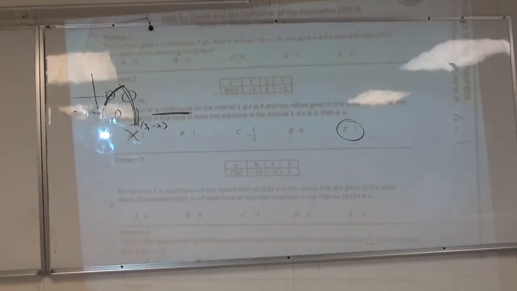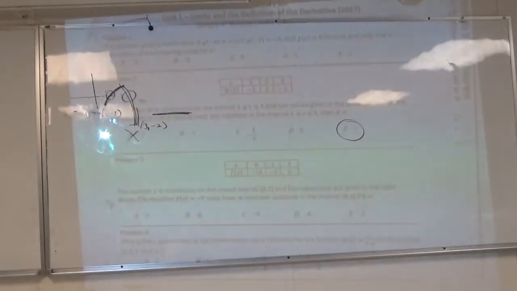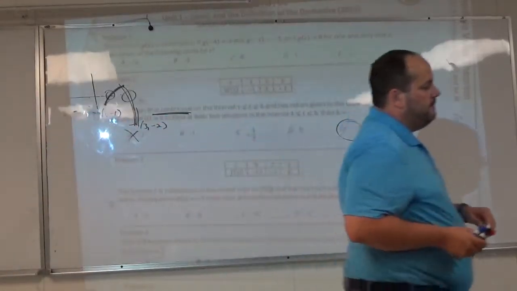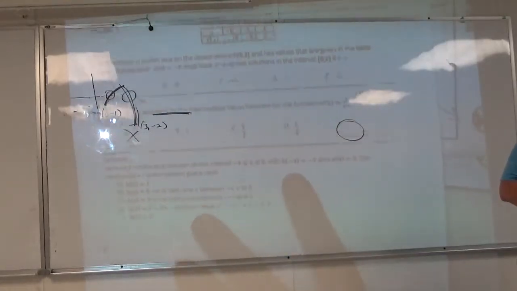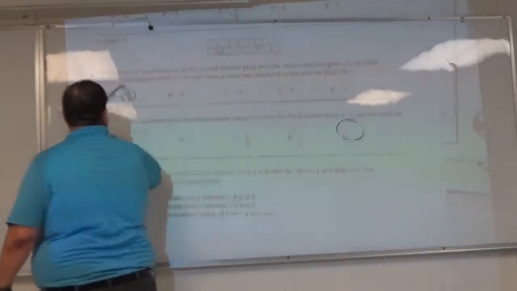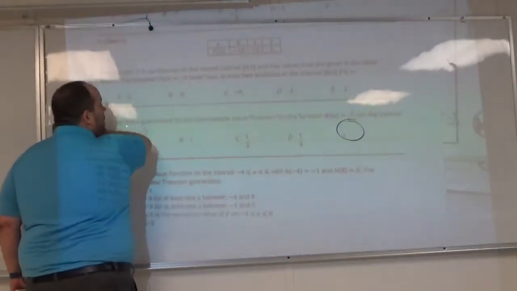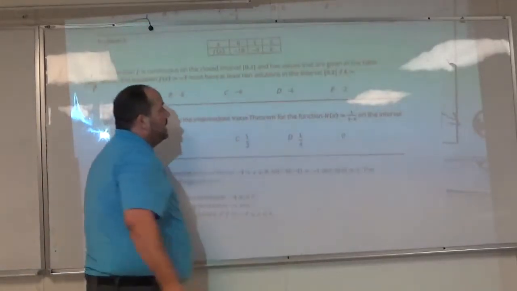It has to be 0. Puede ser la A, pero no puede ser B, because it's already reaching negative 7. I drew the graph. It says that f of x equals negative 7. Doesn't that already count as a solution?